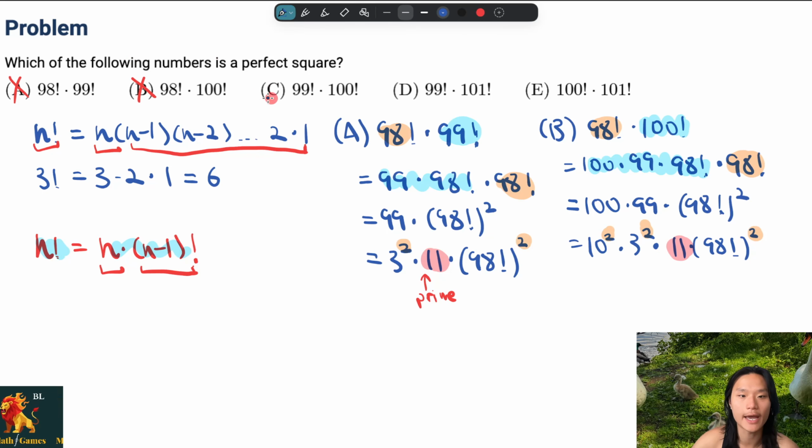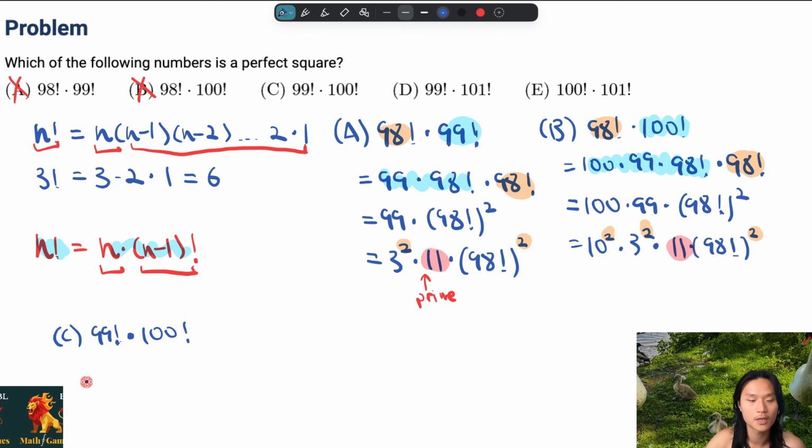So let's take a look at option C now. We have 99 factorial multiplied by 100 factorial. So once again, we apply our rule. We have 100 multiplied by 99 factorial multiplied by 99 factorial.